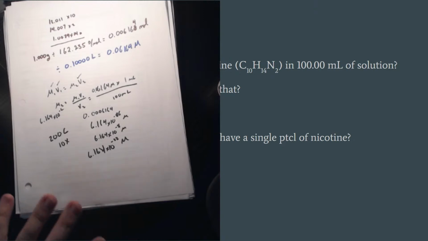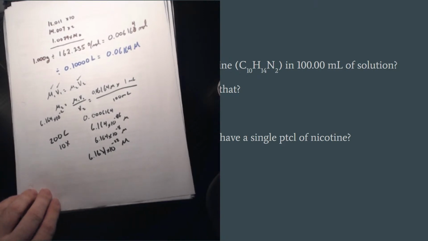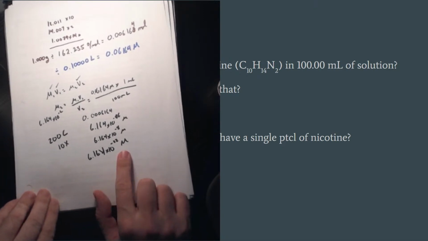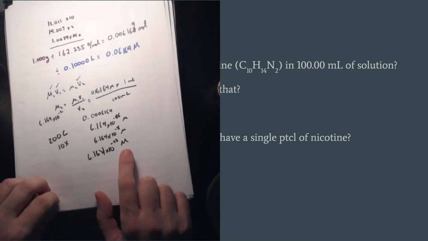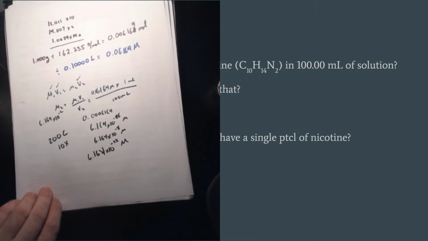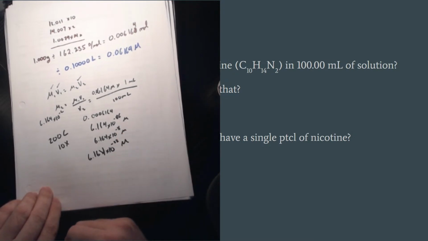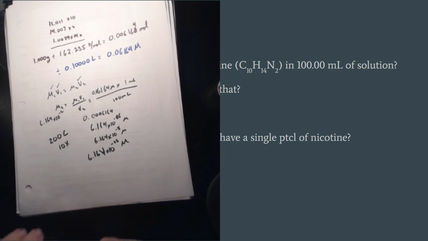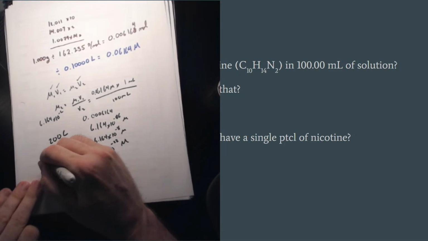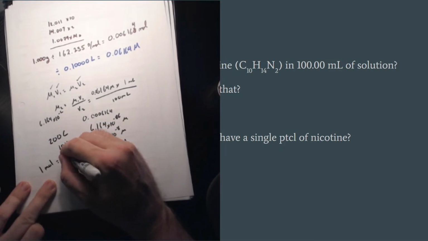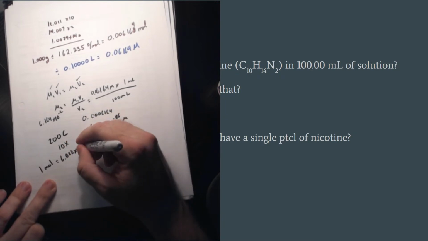This is absolutely ridiculous. So we have a 6.164 times 10 to the negative 22nd molar solution. So what volume of solution would you need to have a single particle of nicotine? Well, remember, 1 mole is equal to 6.022 times 10 to the 23rd particles.